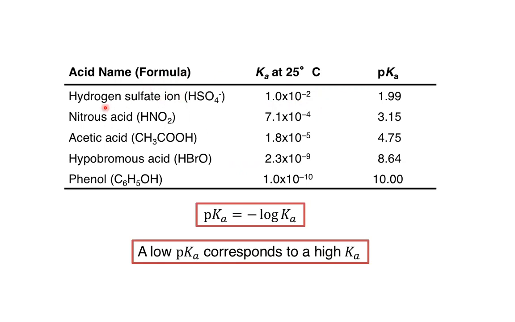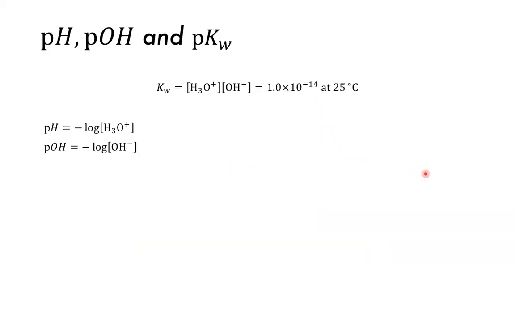Sulfuric acid and the hydrogen sulfate ion are strong acids. Nitrous acid and acetic acid then have a higher pKa value. You can see here the various species, and phenol is basically a base at this point.